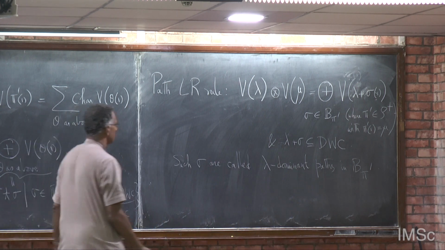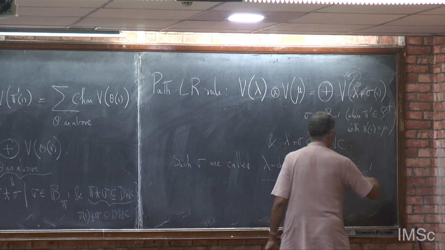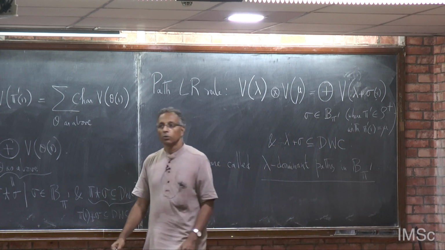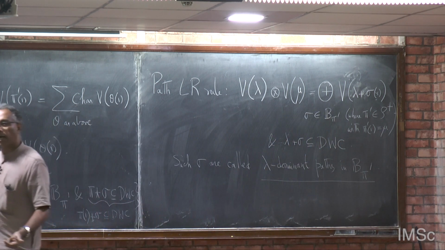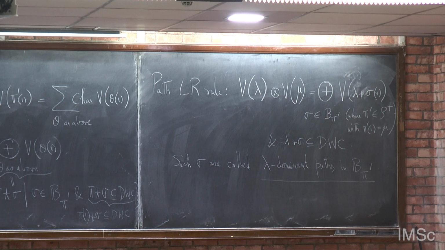Okay. So you can say, you look at all lambda dominant paths of shape mu, right? See where they end. Add that to lambda. If I have 10 of them, then there are 10 different components, and I keep adding lambda to them, right?